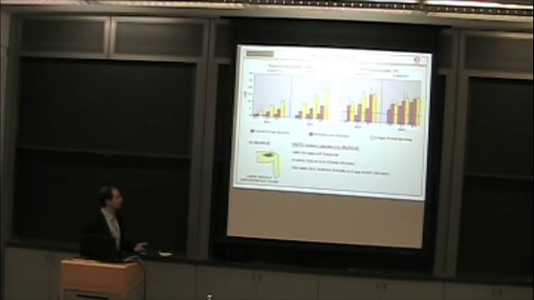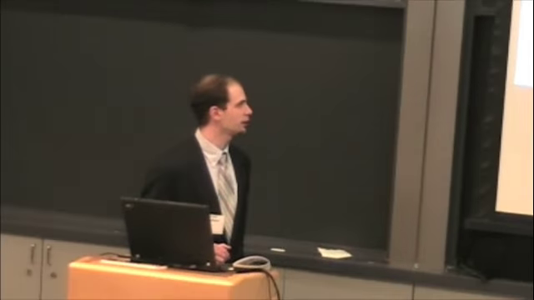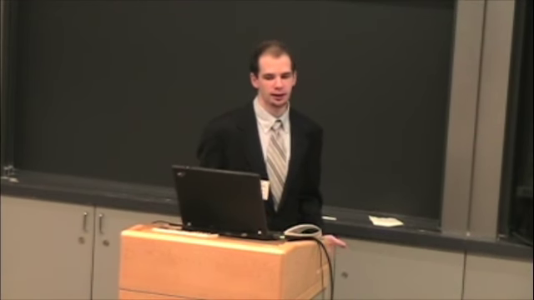Even at 80% contraction level, which is much higher than the level of muscle contraction that we use in day-to-day activities, which is 20%, the smallest spacing is only capable of providing a performance index score of 6, compared to the large performance index scores we saw in the FDI. Thus, we're able to conclude that the smallest sensor spacing is not suitable for use in surface sensors.